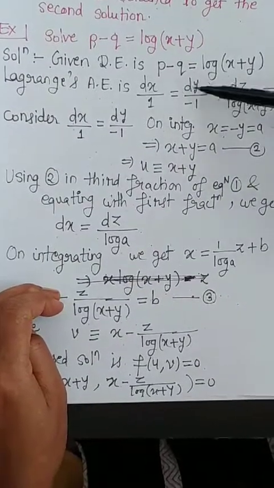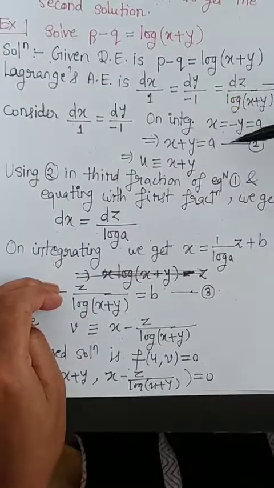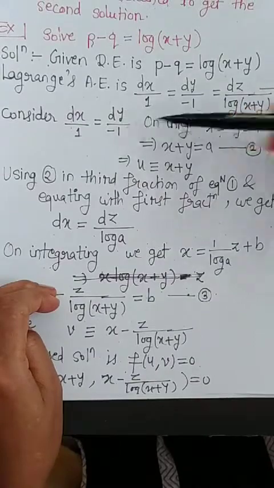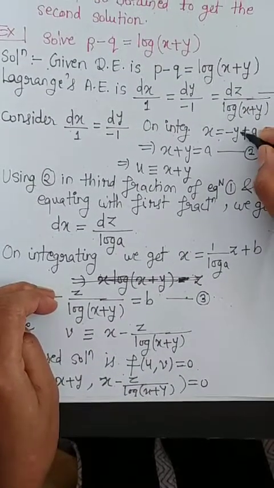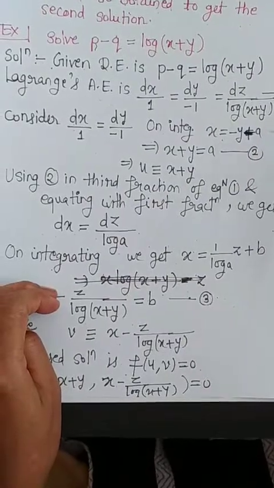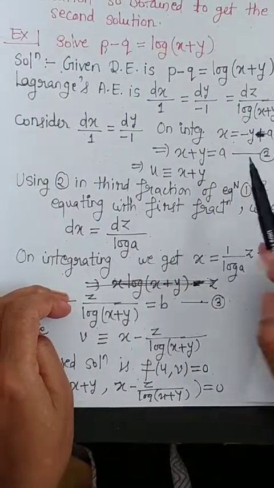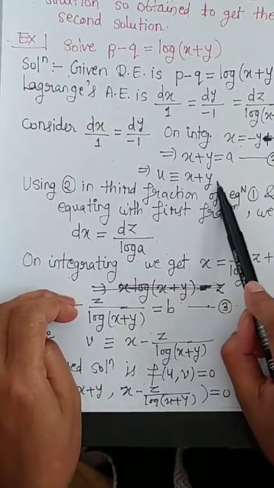Here I can consider only the first two pair. So dx by 1 equal to dy by minus 1. Integrating, integration of 1 is x, integration of minus 1 is minus y, plus constant of integration a. Shift the variable terms, so x plus y equal to a. Leave this constant, so u is x plus y.